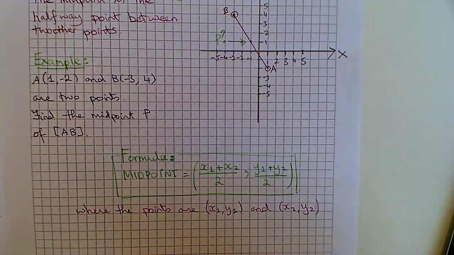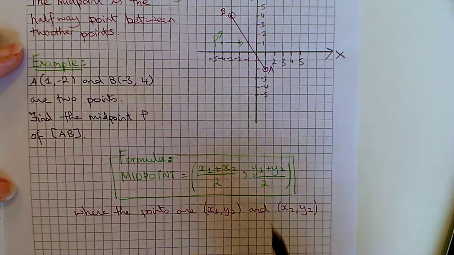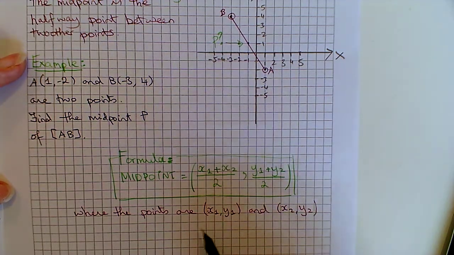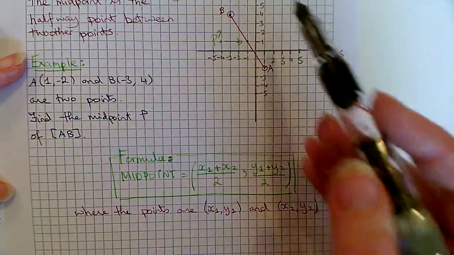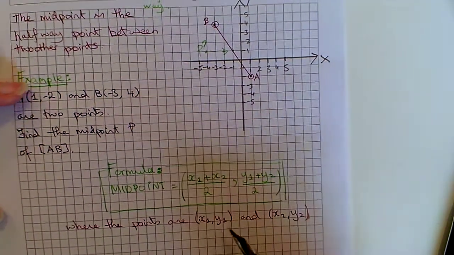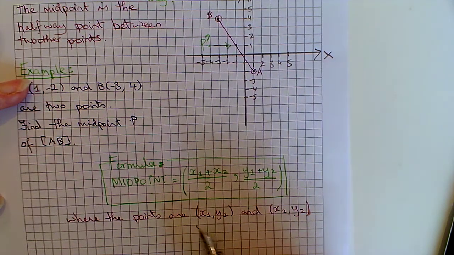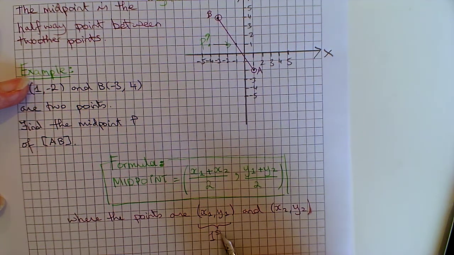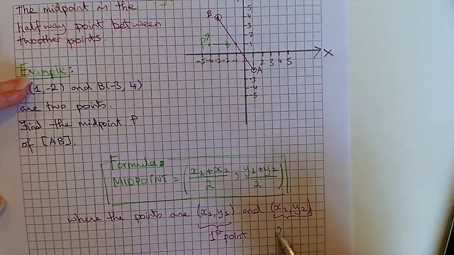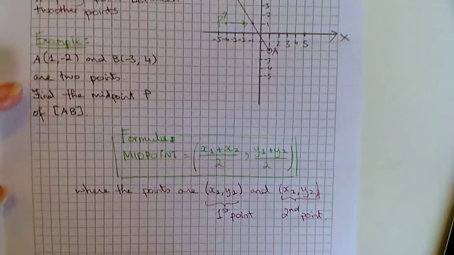So remember when we've been talking about points on the Cartesian plane, they're always in the form x comma y. X first, then y. This is my first point, that's why it's got a 1 underneath it. And this is x comma y, and it's my second point, so it has a 2 underneath it.